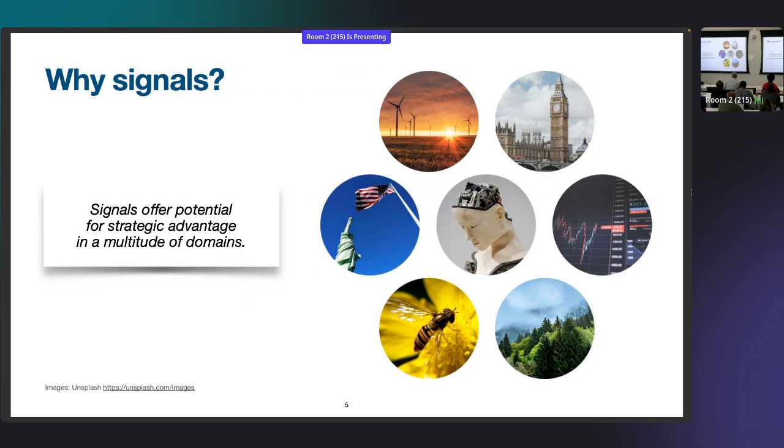And they can be used also in downstream tasks that we will see next, as information that can be analyzed and converted into knowledge and into wisdom to offer a strategic advantage to end users.